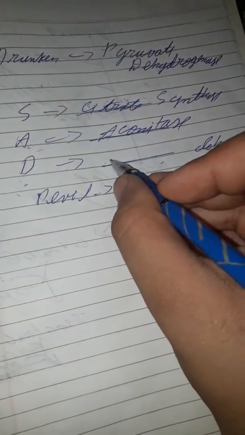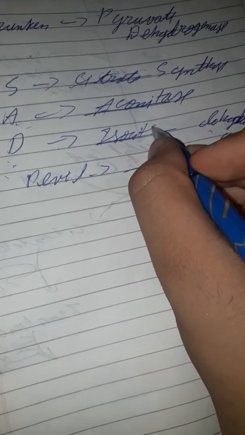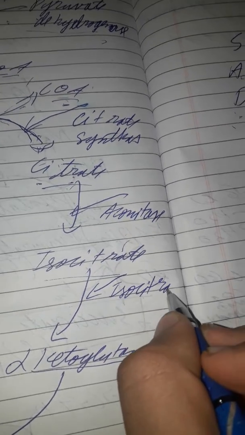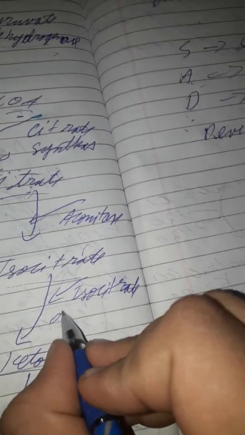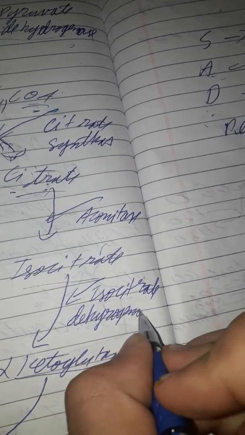So dehydrogenase. What dehydrogenase? Isocitrate dehydrogenase. Isocitrate dehydrogenase. Next is devil.